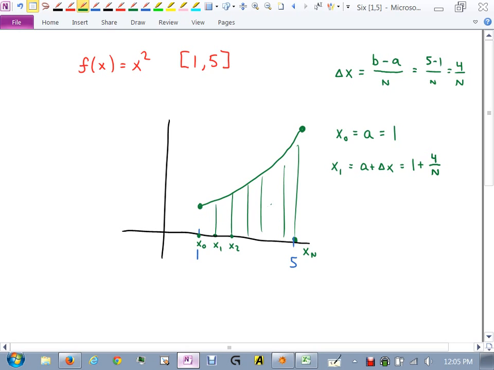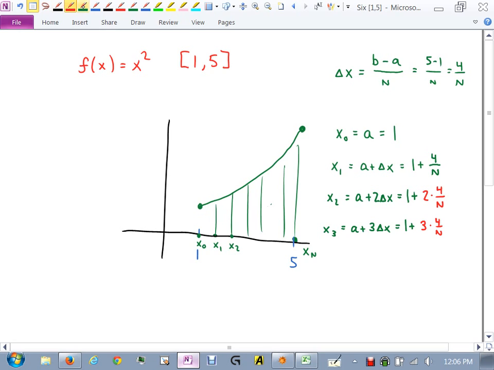We still good? What's x sub 2? A plus 2 delta x's, which will be 1 plus, now watch the way I write this, 2 times 4 over n. I'm not going to put 8 over n, I'll just leave the 2 out there. Questions? Next one: a plus 3 delta x, which is 1 plus 3 times 4 over n.